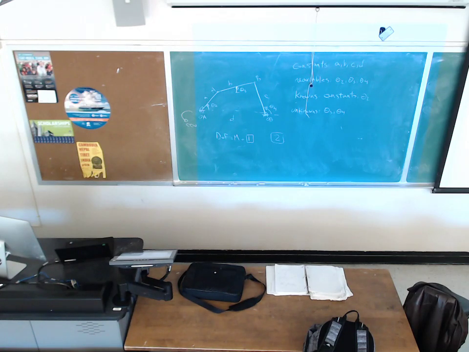This point is located on this circle, so it has the distance of B from point A. This point is located on this circle, it has distance of C from OB. So I connect this to this and connect this one to this point, and I can locate point B.